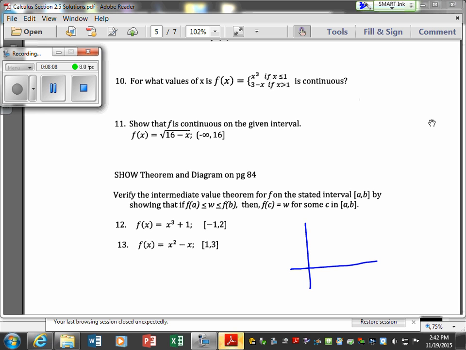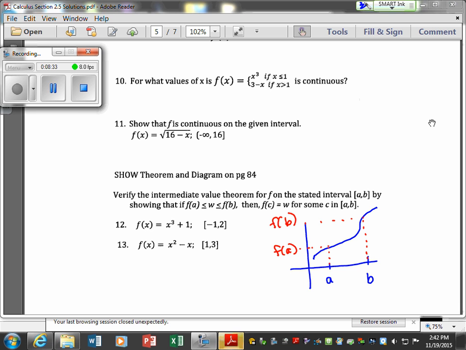Basically, if you're given an interval from a to b and some function, let's just say that's our function, f evaluated at a would be f of a, some y value. And f evaluated at b would be some f of b.